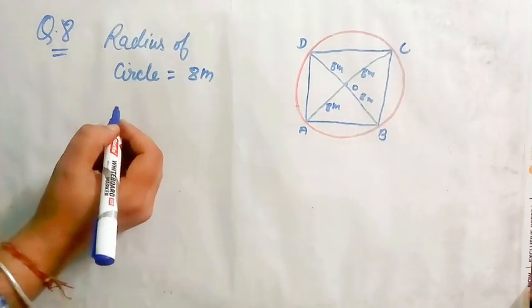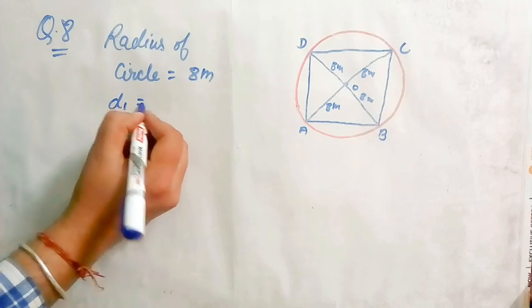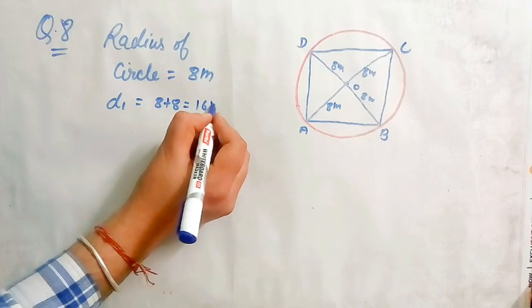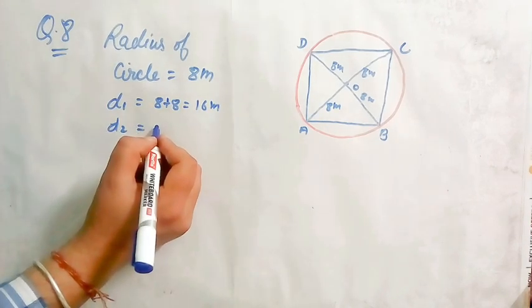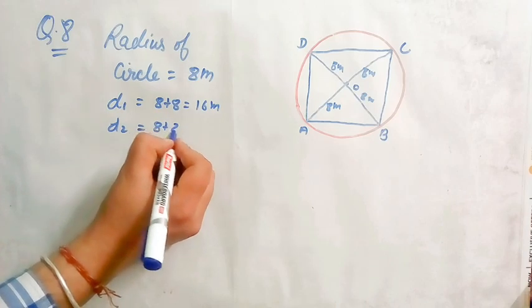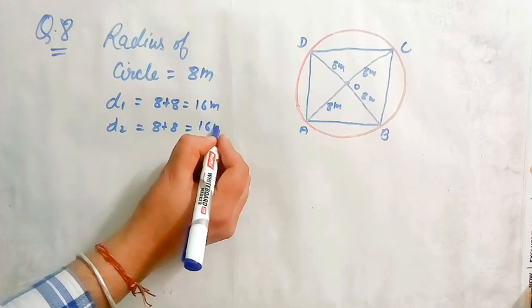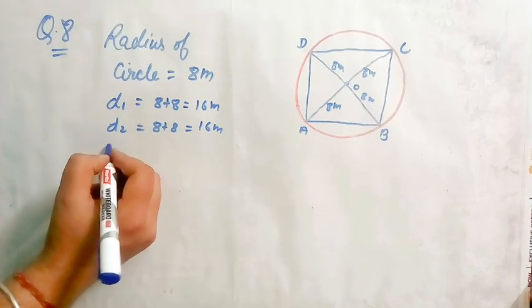So here I am using a different method. First of all, let us see the diagonal length. So the first diagonal is 8 plus 8 equals 16 meter. Same, the second diagonal is also 8 plus 8 equals 16 meter. Remember, a square is also a rhombus.